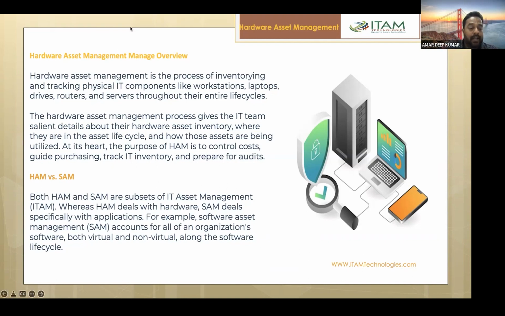Now, as I said, HAM versus SAM, because SAM is another subset of IT asset management. Hardware deals with hardware like laptops, desktops, servers, routers, and many other things. But software deals with the applications installed on the hardware, like laptops, desktops, servers, or in the data center. So software mainly deals with the applications installed on the hardware.